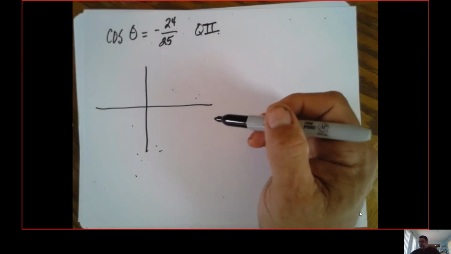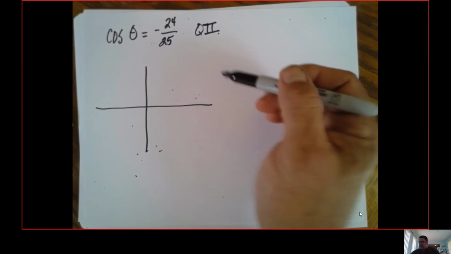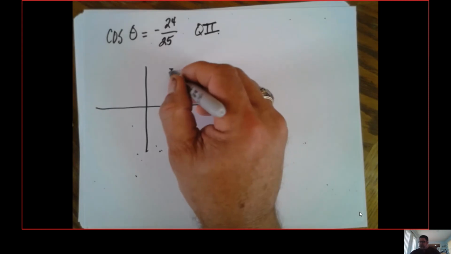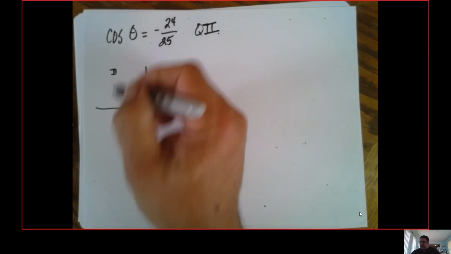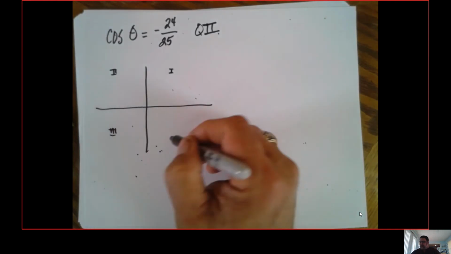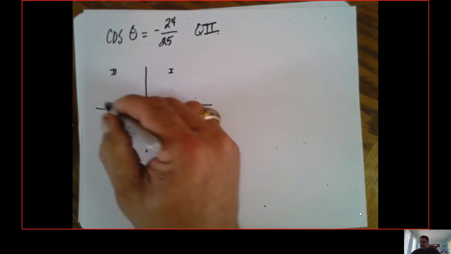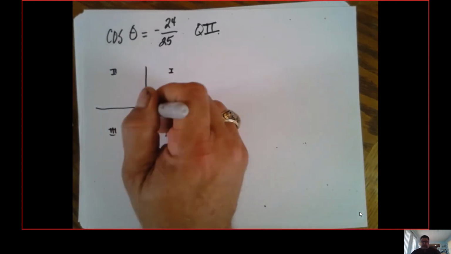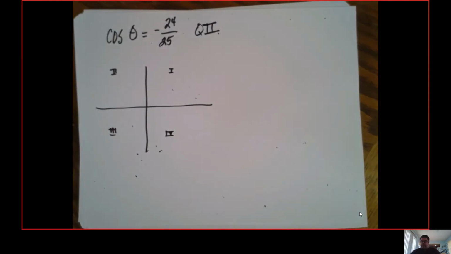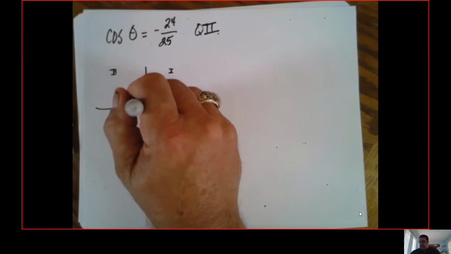All right, so I'm in quadrant 2, so this is 1, this is 2, this is 3, and this is 4. So it's in this quadrant. I'm going to draw in a different color. So I know my graph is going to look like this.